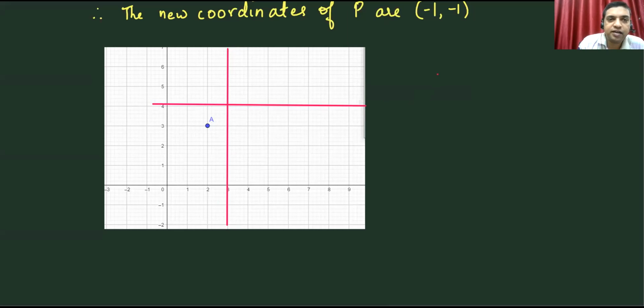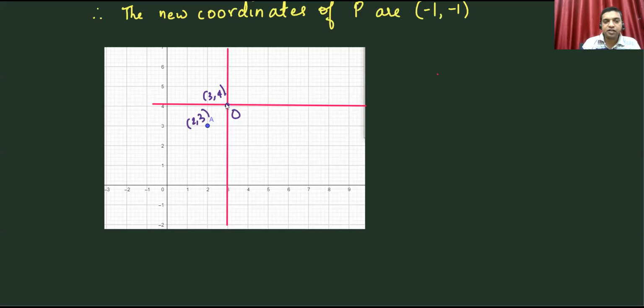So just look at the figure. This is the new origin. With respect to the old origin, its point was 3 comma 4. Now this was 2 comma 3 with respect to the old origin.